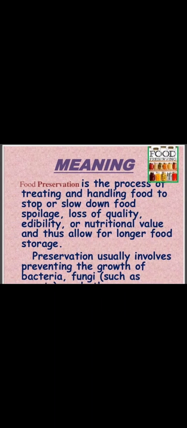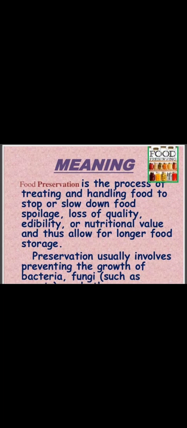The food items which we buy from the market are processed, treated or handled in such a way that stops or slows down the spoilage of food caused by microorganisms, and this is called food preservation.